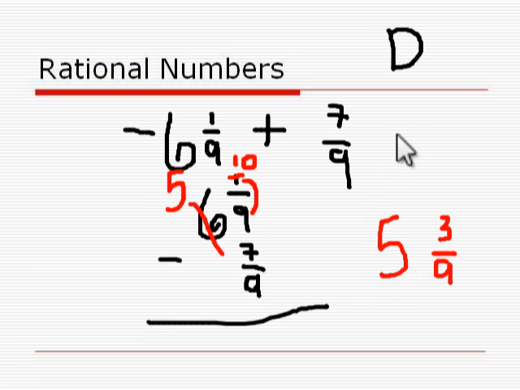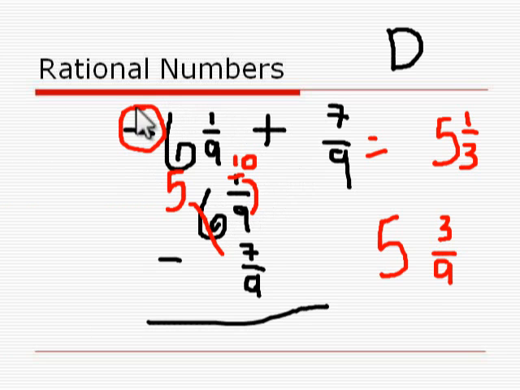I can put that in lower terms. So I'm going to get 5 1/3. And then the number that had the greater absolute value was 6 1/9. It's negative. And so therefore I'm going to make my answer negative 5 1/3. That's adding real numbers. Good luck.